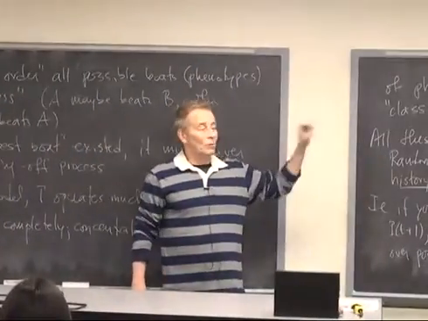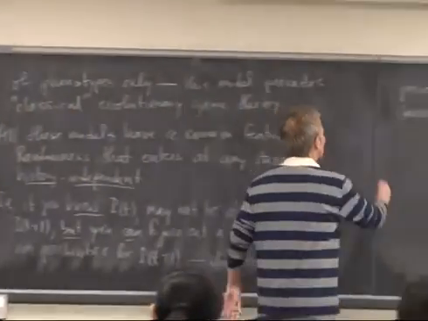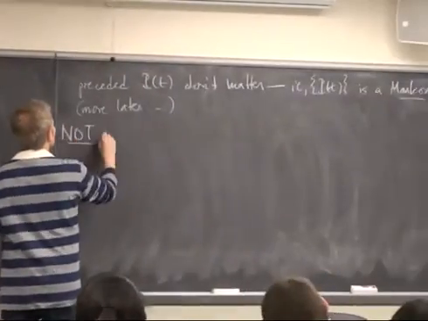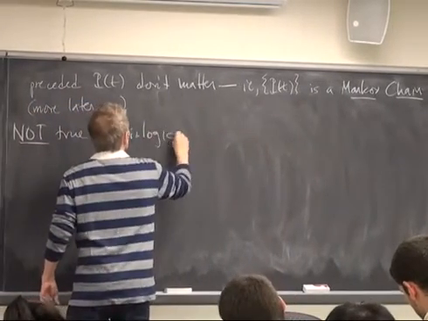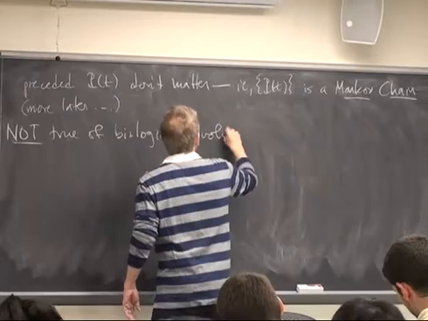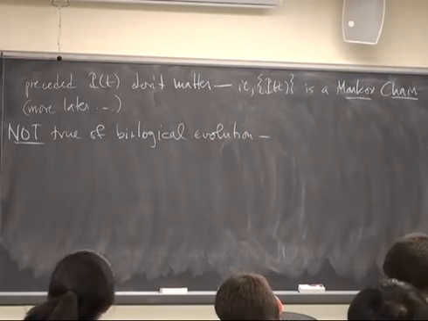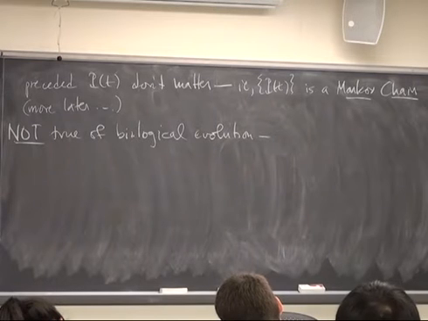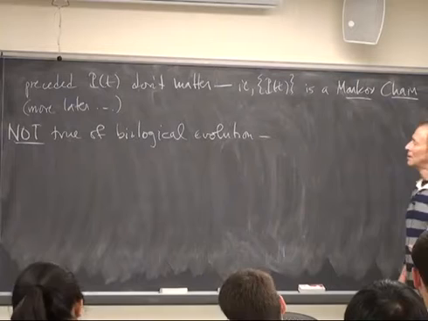And as I said a moment ago, the problem is that real biological evolution does not have this property. So this is emphatically not true of biological evolution. How come? This is one of the points that Lewontin drives home in that book that I told you about, Biology as Ideology: The Doctrine of DNA.